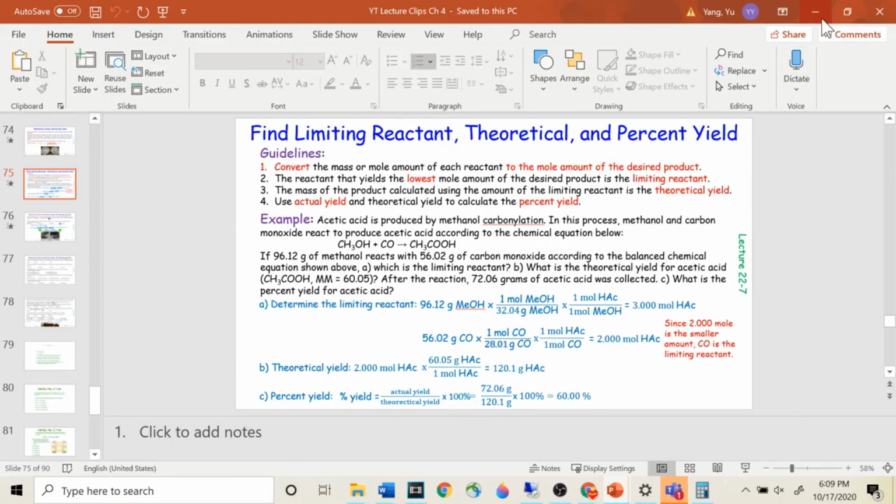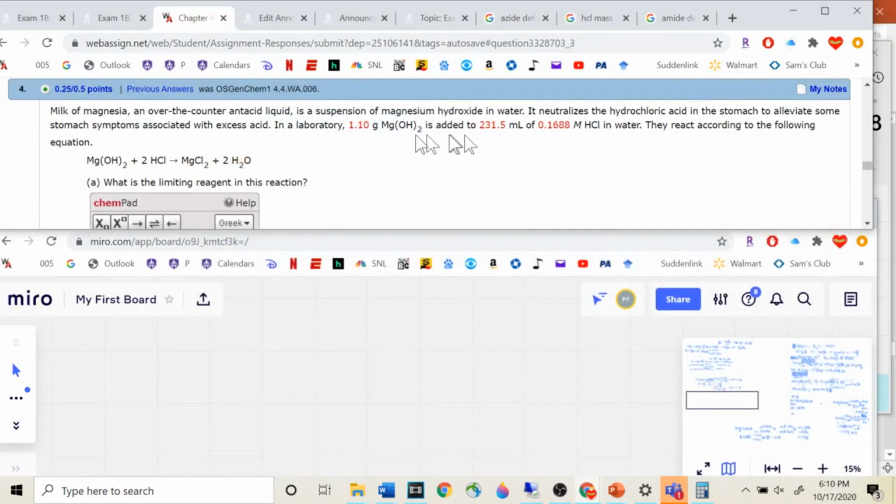That's step number 1, and you need to do that for both reactants in this question. So first, let's work on magnesium hydroxide.